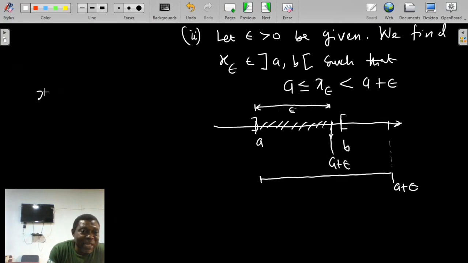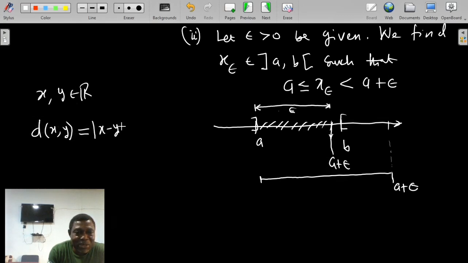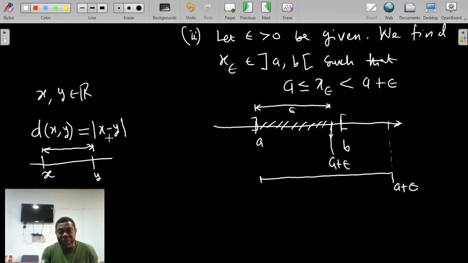If I have x, y in R, two real numbers, the distance between x and y will be denoted by d(x,y), and this is nothing but the absolute value of x minus y. This is what we call the length from x to y. So if here is x and here is y, this value gives us the length from here to here. That is what the absolute value of x minus y represents.